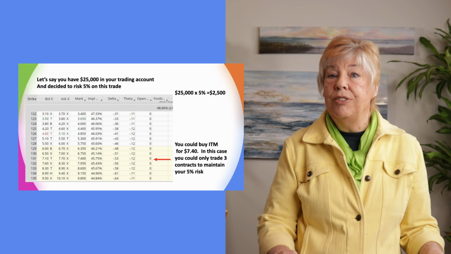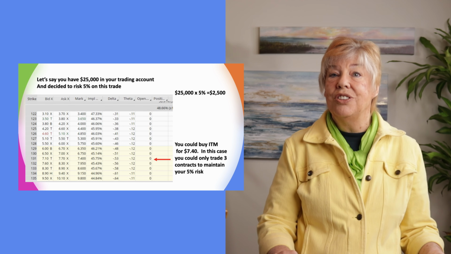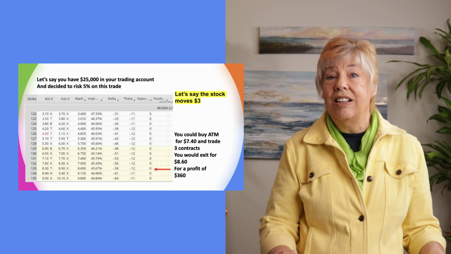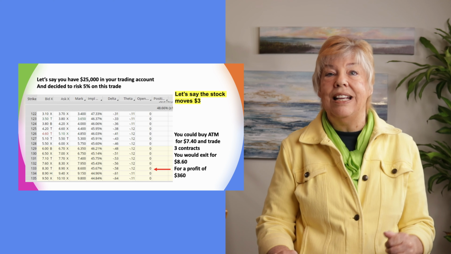That means $740 per contract divided into the $2,500 means you could only trade 3 contracts to maintain the same risk. Stock moves the same $3 to your benefit. You then sell the same strike for $8.60, but your overall profit is only $360. So you can see why I like to trade at the money. That's where I get the biggest bang for my buck.